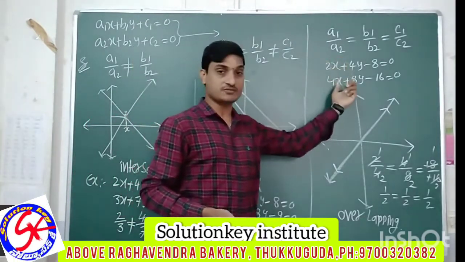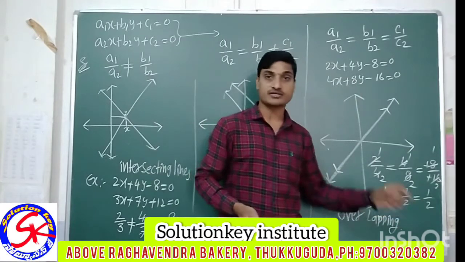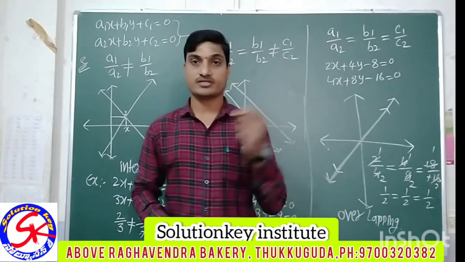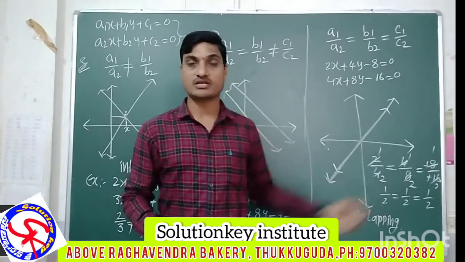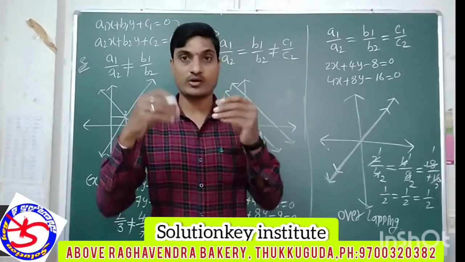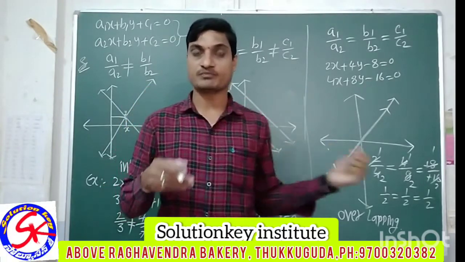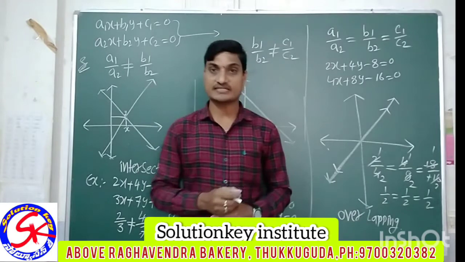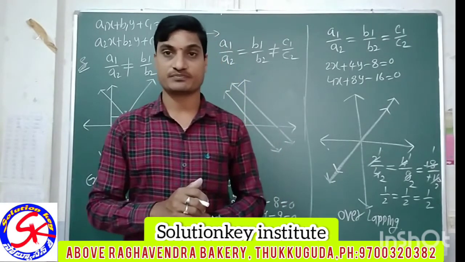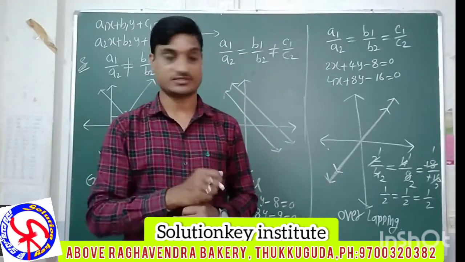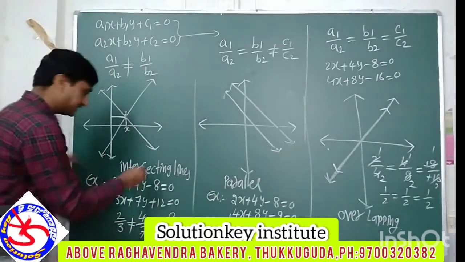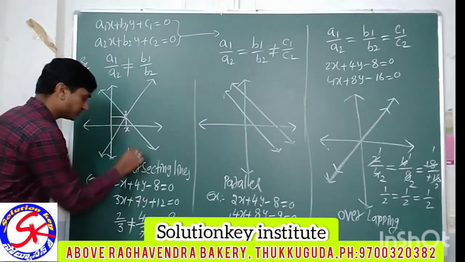And what does this mean? When all are equal, this type of graph gives two lines on the same side, overlapping, and the solution is infinitely many solutions. So I am writing here: intersecting lines and unique solution.